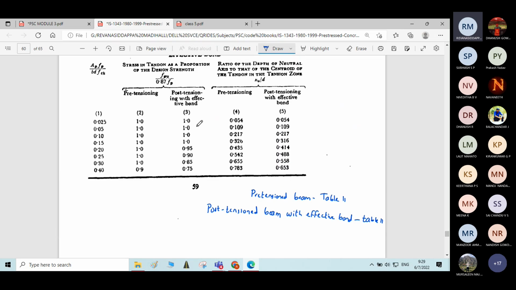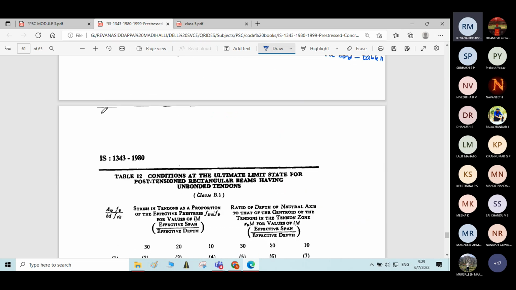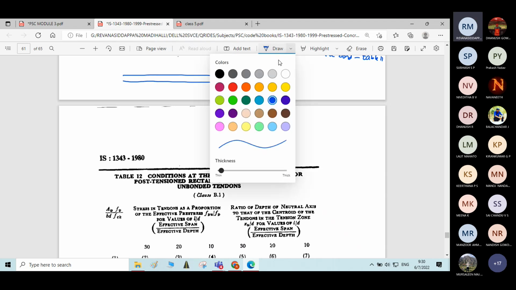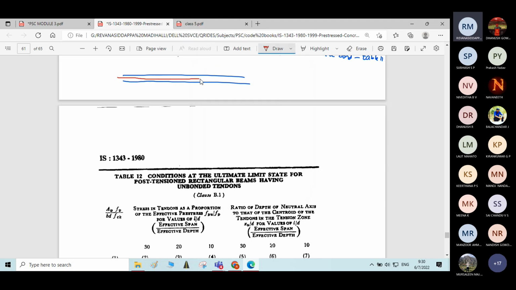Effective bond means, in case of a post-tensioned beam, what happens? There will be ducts provided in the beam. In the ducts, there will be cables, that is pre-stressing steel.